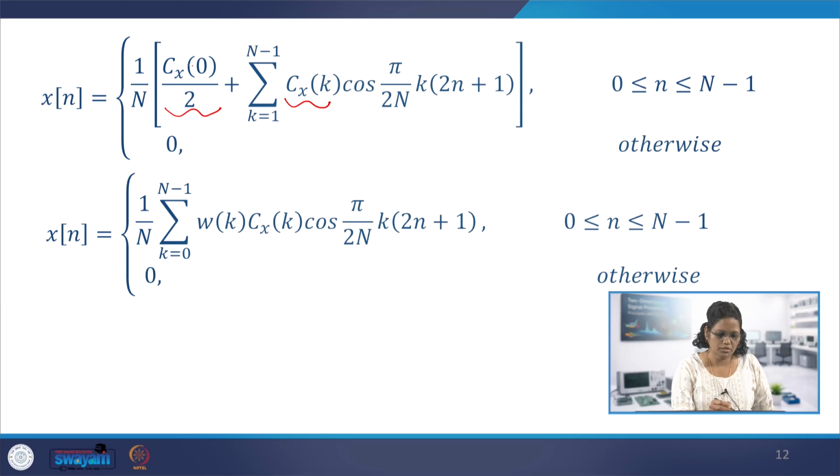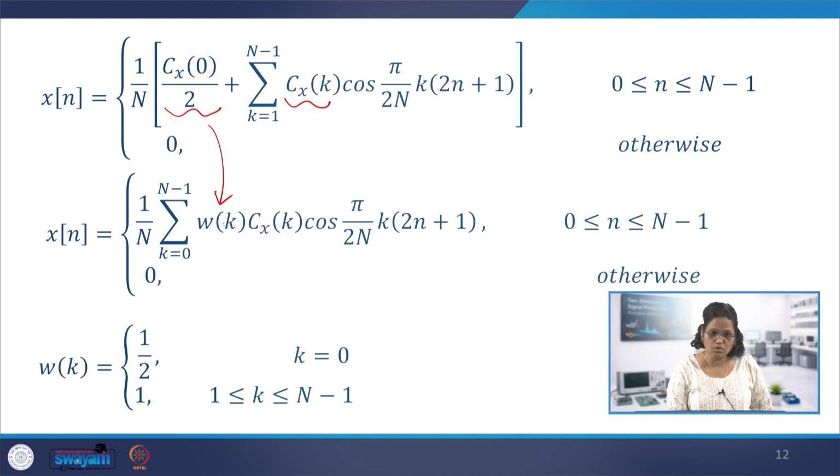This term C_x(0) by 2 is generalized as w(k), which takes different values for k: for k equal to 0 it takes 1 by 2, and for k equal to 1 onwards it takes only 1. So x of n can be obtained from its DCT coefficients as the sum of w(k) C_x(k) cos(pi k (2n plus 1) / 2N), with k varying from 0 to N minus 1. That is the inverse DCT.